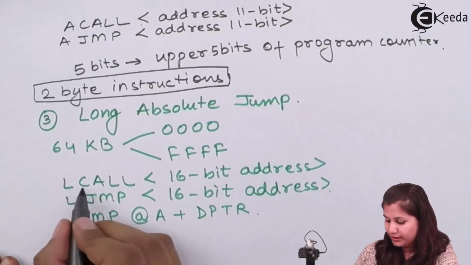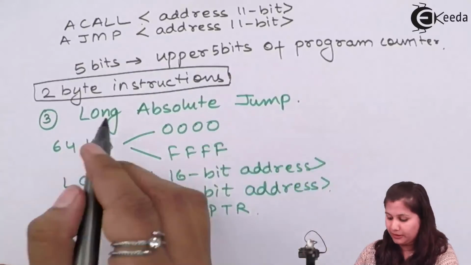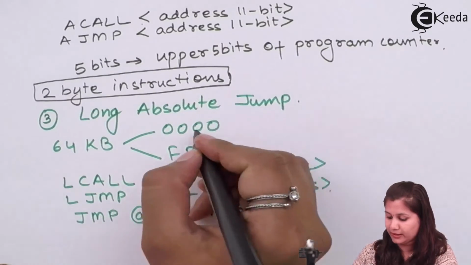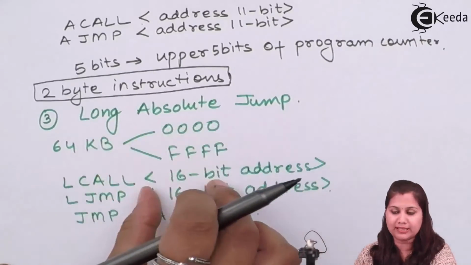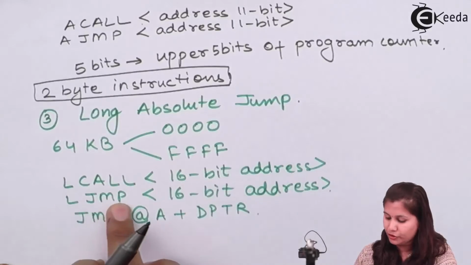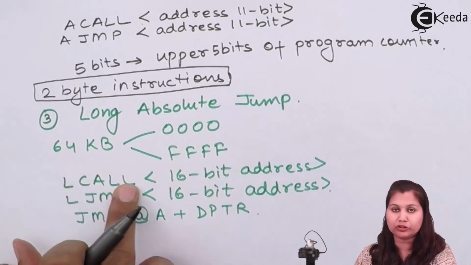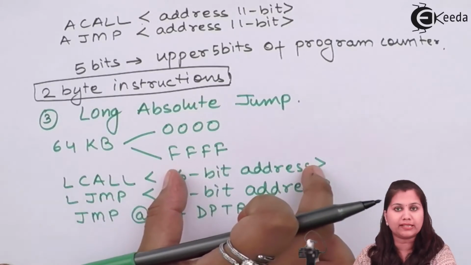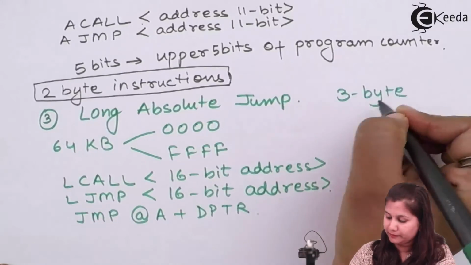In these instructions, the long jump is used. For the long call instruction, the 16-bit address ranges from 0000 to FFFF. And for L jump, we also have to specify a 16-bit address. 1 byte is for the opcode and 2 bytes for the 16-bit address. So it will become a 3-byte instruction.